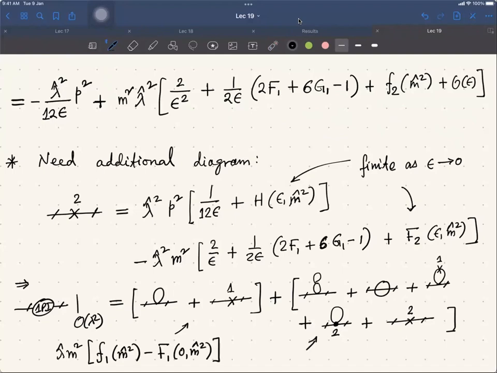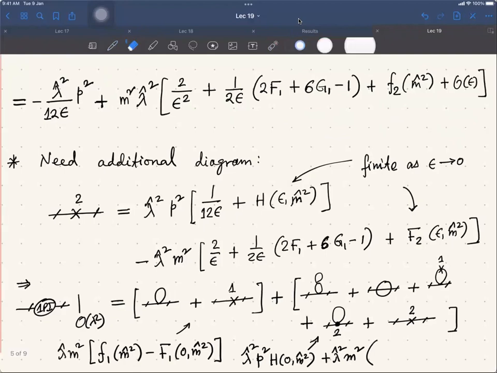And this contribution will be lambda hat square p square times h of 0, m hat square, plus lambda hat square m square times, sorry, f2 of m hat square minus f2 of 0, m hat square, which is the total contribution.